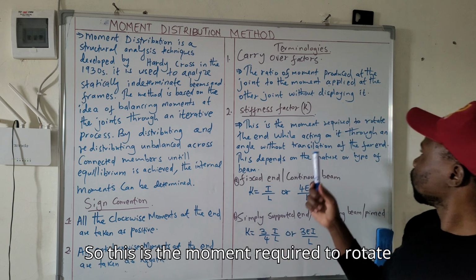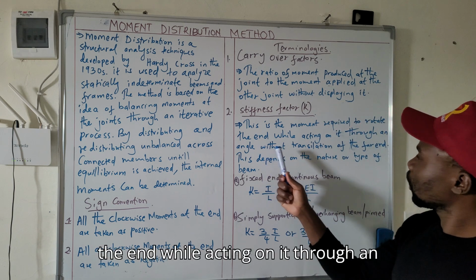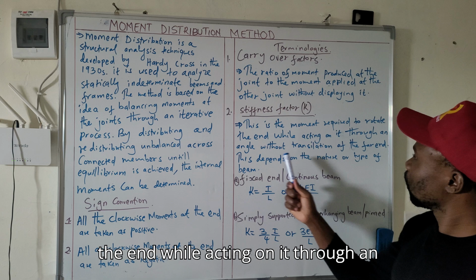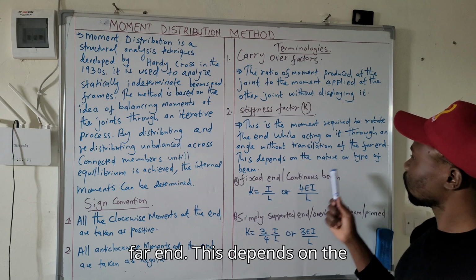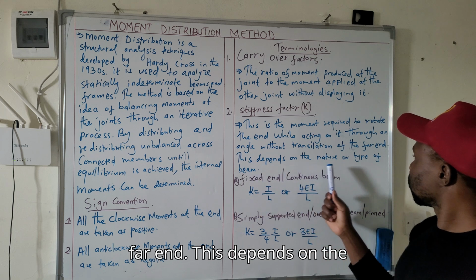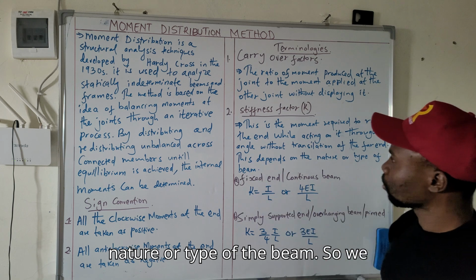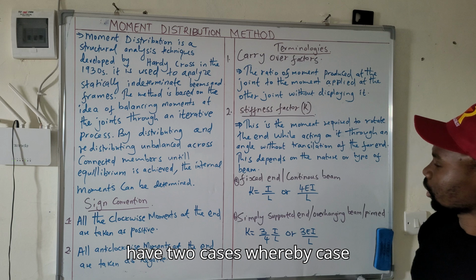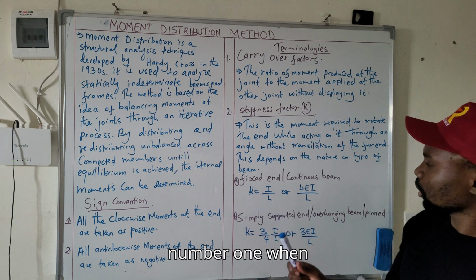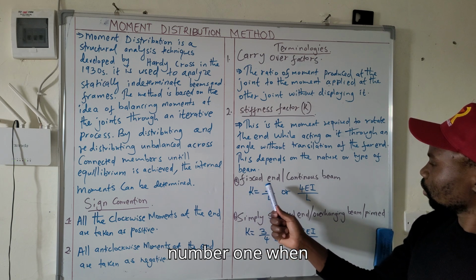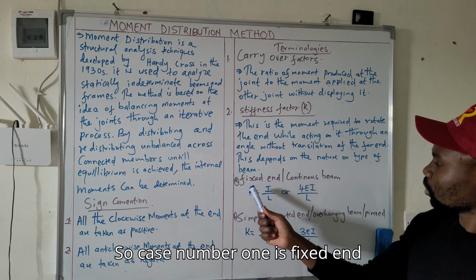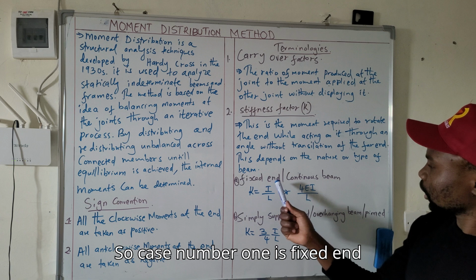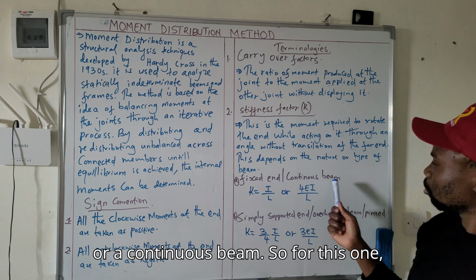This is the moment required to rotate the end while acting on it through an angle without translation of the far end. This depends on the nature or type of the beam. So we have two cases. Case number one is a fixed end or a continuous beam.